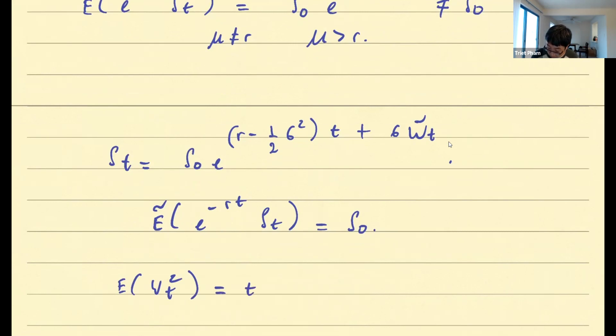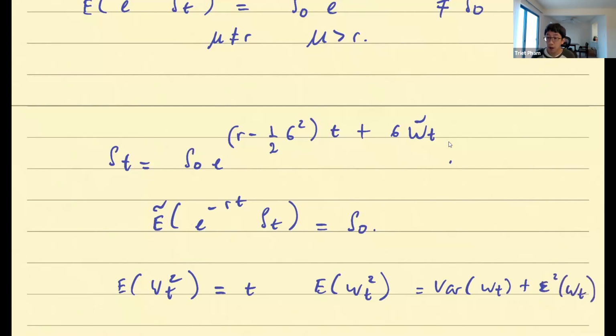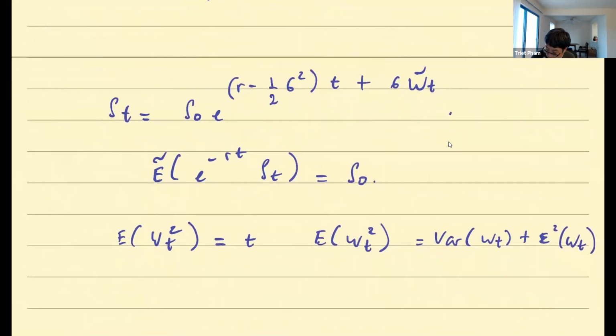Because the expectation of something squared, from probability, is the variance plus the square of the expectation. Now, W_T is an object with variance T and expectation 0. And that's why the expectation of W_T squared is T.